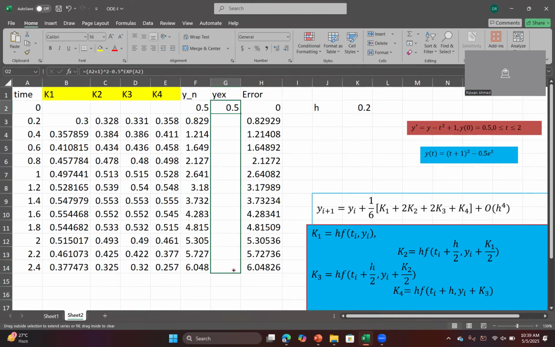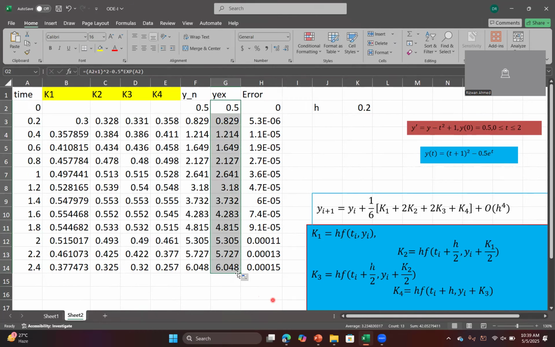Let's see whether I fall or swing with joy. Yes, the power of the RK4 method. It has achieved accuracy of 10 raised to the power minus 6, a scale of micro level.